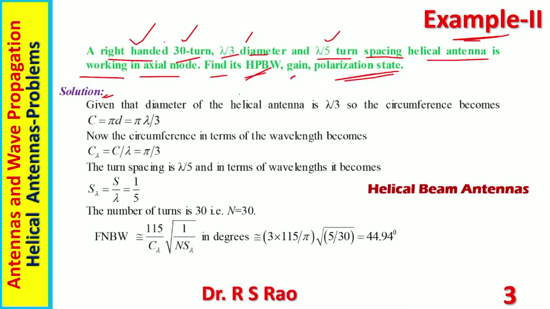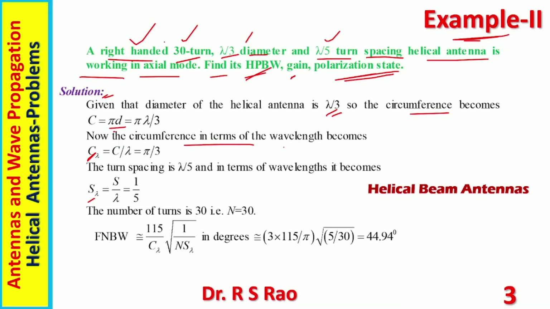Solution. We know half power beam width or gain require C lambda and S lambda. So first we try to find out these two quantities. Given that the diameter of helical antenna is lambda by 3, the circumference becomes C equals pi d. D is lambda by 3. So C is pi lambda by 3.